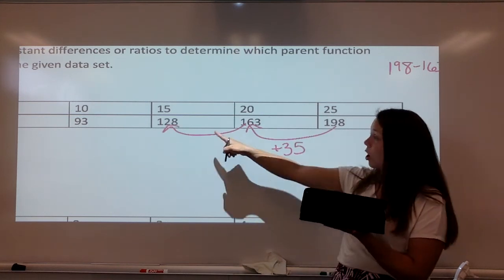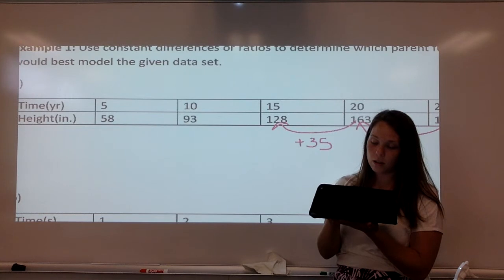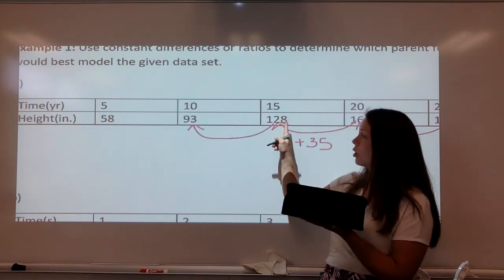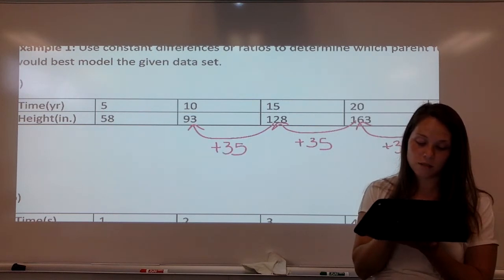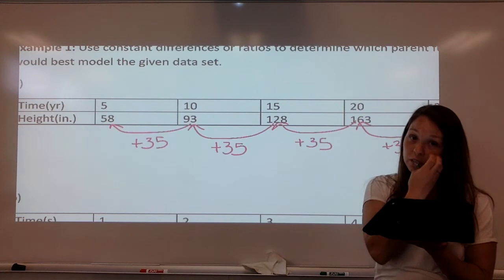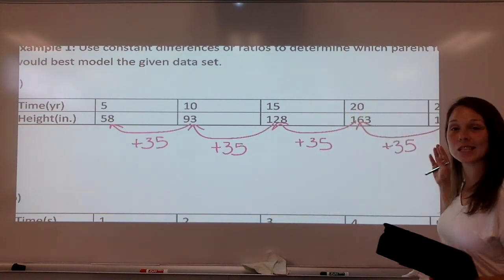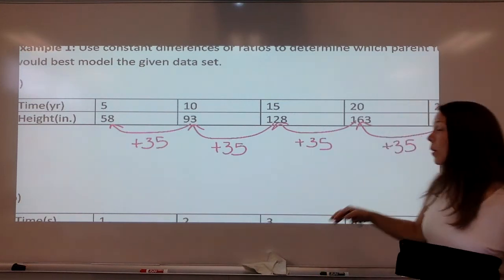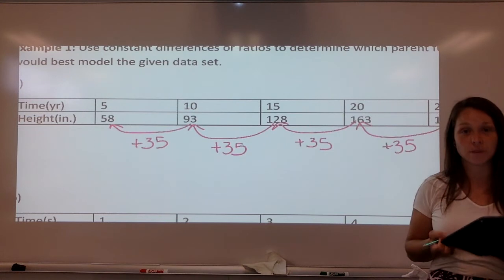163 minus 128 is positive 35. Doing that process again, 128 minus 93 is positive 35. And 93 minus 58 is positive 35. So notice that when we did this subtraction from the end of the table all the way to the beginning, we got this same constant difference of positive 35.